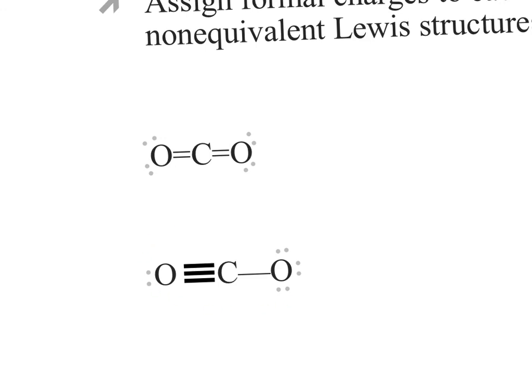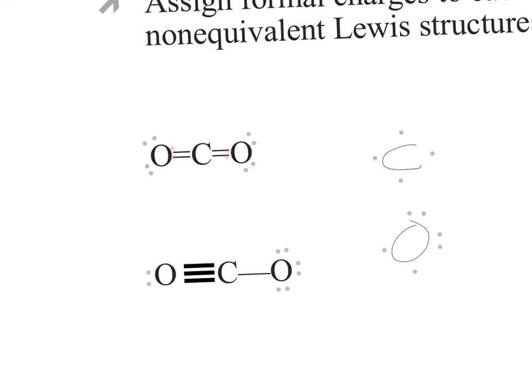If we looked at carbon and oxygen, we know their dot diagrams. Carbon should have 4 electrons around it. Oxygen comes in with 6. So let's see how that matches up. At the top, this oxygen has 6, and the one on the right has 6 as well.